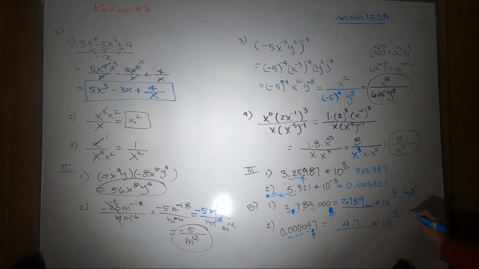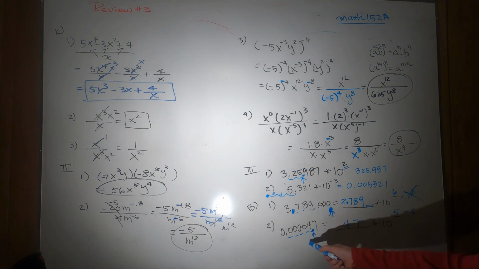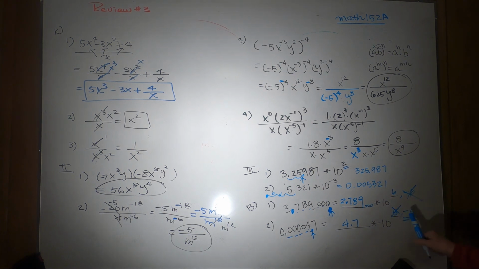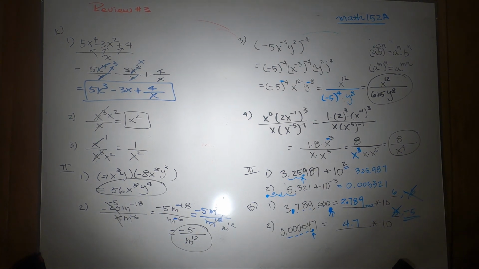So you do -5 or 5. This number is bigger, this number is smaller. From bigger number to the smaller number, you need to multiply a negative exponent, right? So that would be our review 3. Study it.